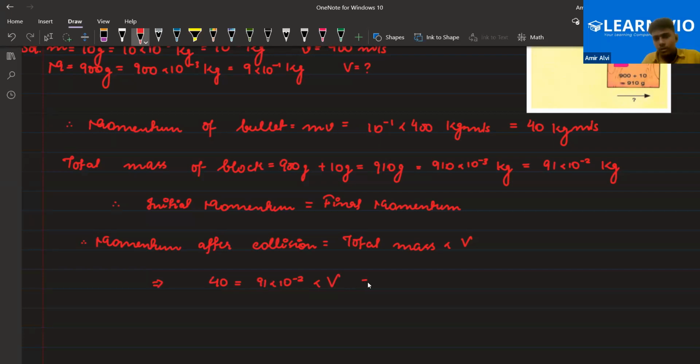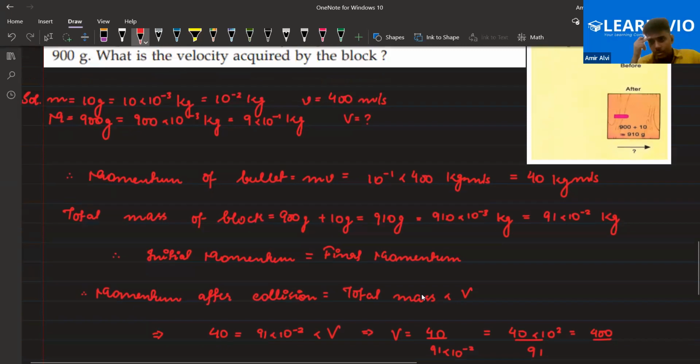So V will be equal to the initial momentum divided by 91 into 10 to the power minus 2, and this 10 to the power minus 2 will go in the numerator. Just a second, I made a mistake here.